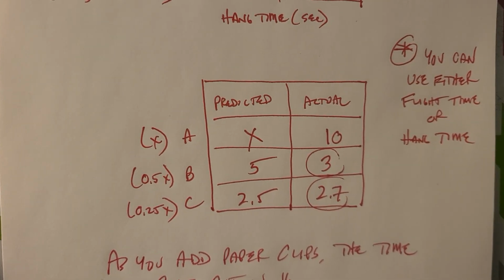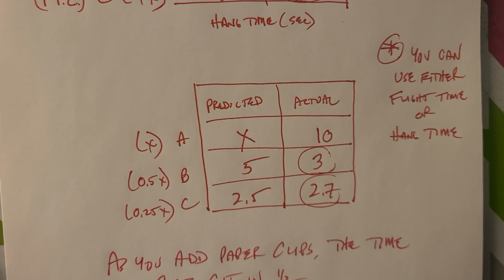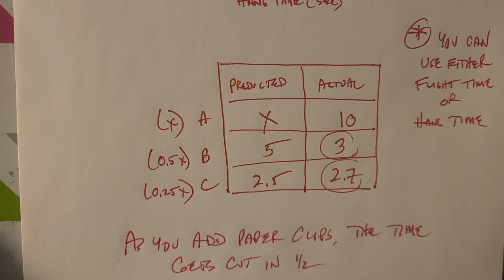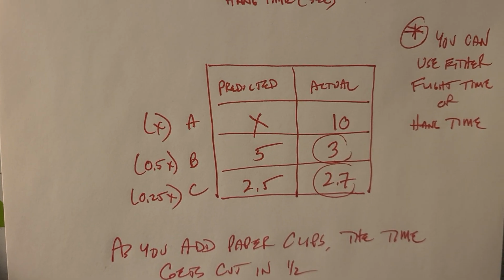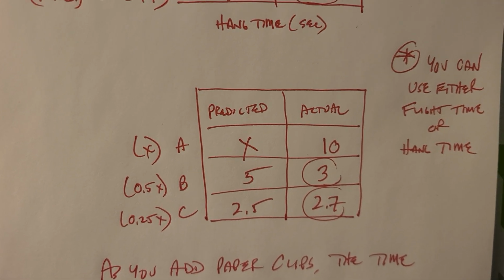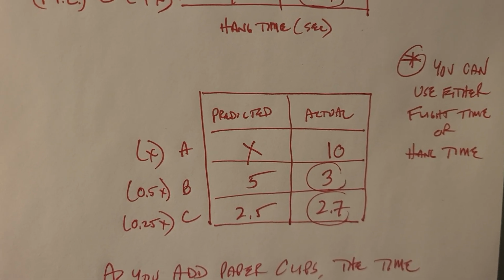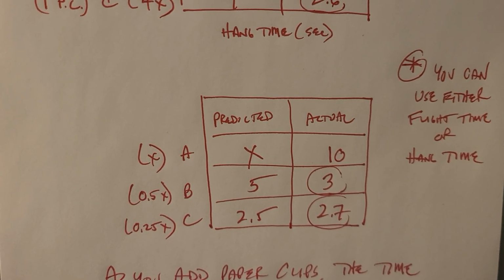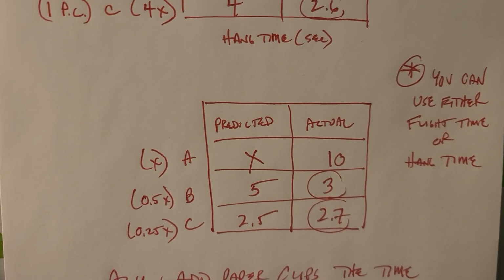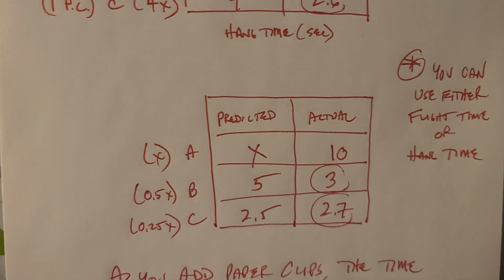But now let's go down to this. Say you have A, B, and C. A is 1 paperclip, B is 2, C is 4. Also, right above A, you could put another line in there, and you could put control and just fly the plane. It doesn't matter, but it's nice to have a control in there.